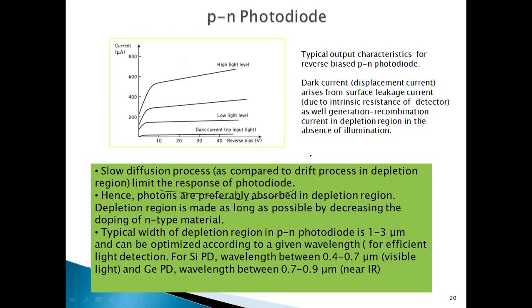Okay, so this is the typical output characteristic based on this diagram. It's the typical output characteristic for the reverse bias PN photodiode. If we refer to this graph of the IV characteristics, we have a dark current where there is no input light.